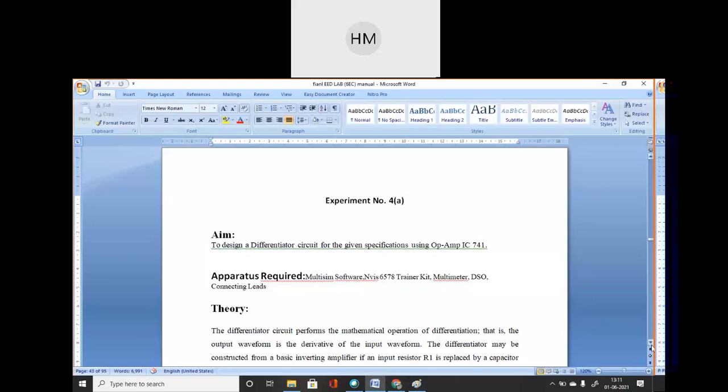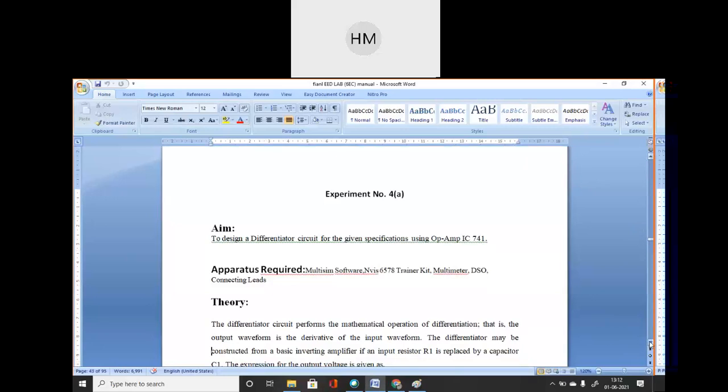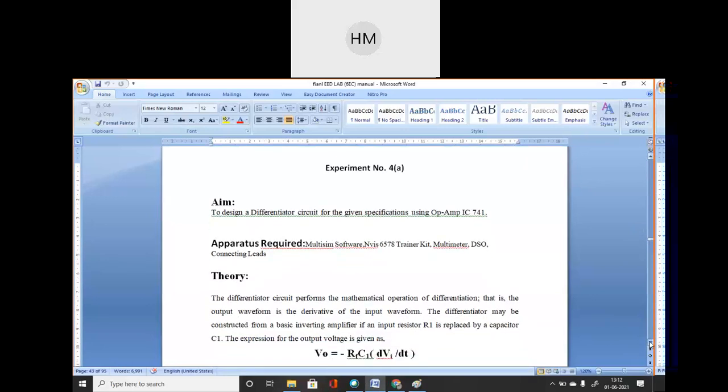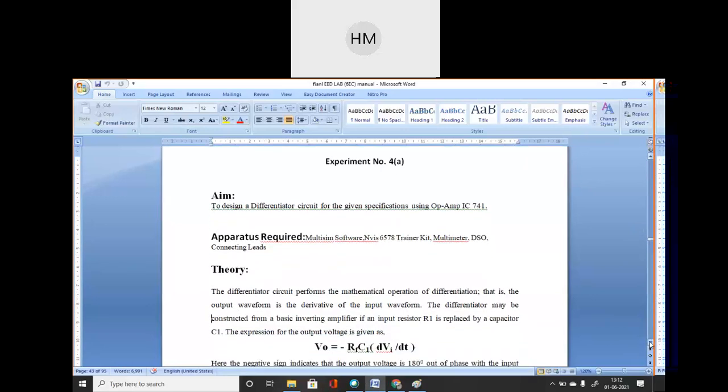For designing this differentiator circuit, we will require an operational amplifier IC and Multisim software. You can perform this experiment on your hardware kit also.